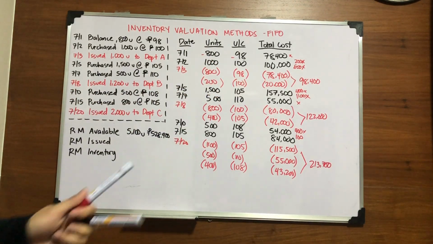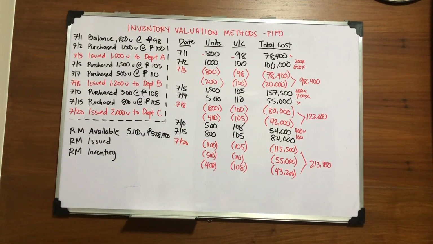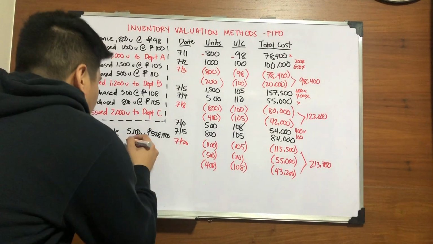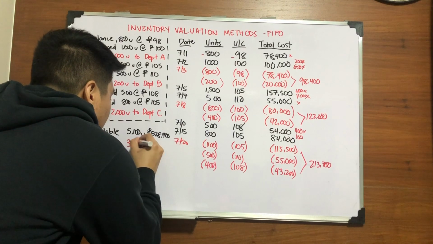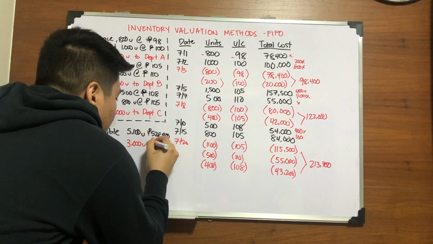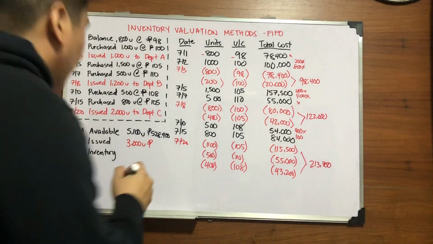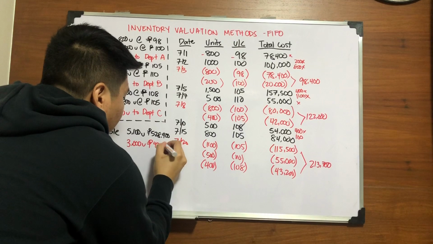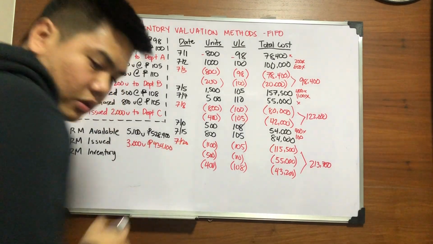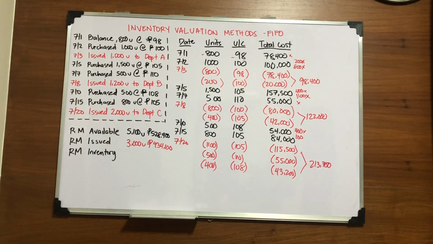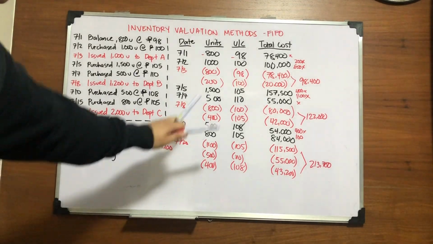The raw materials issued is 3,000 units at 434,100. So to verify this, just add these three: 98,400 plus 122,000 plus 213,700, and you have 434,100.